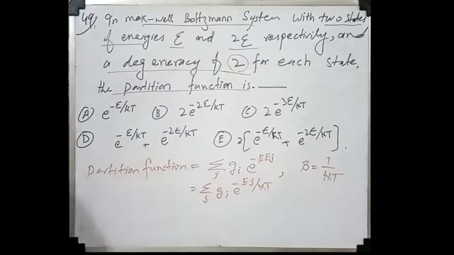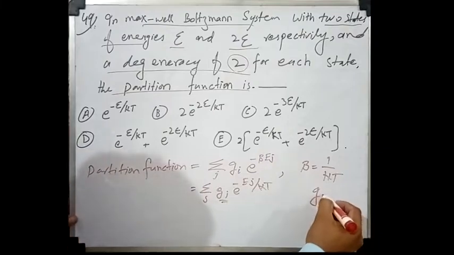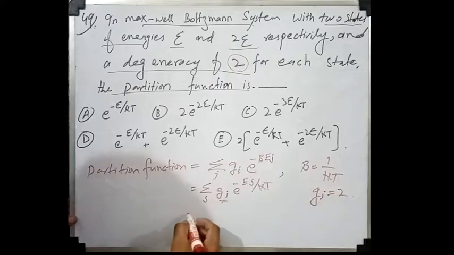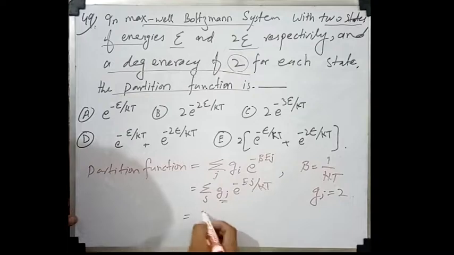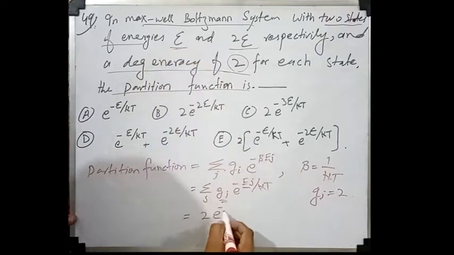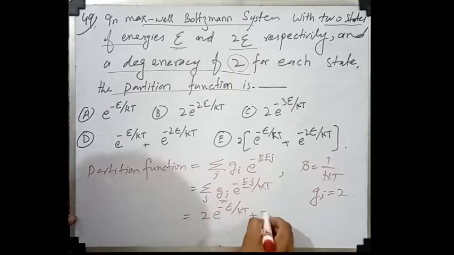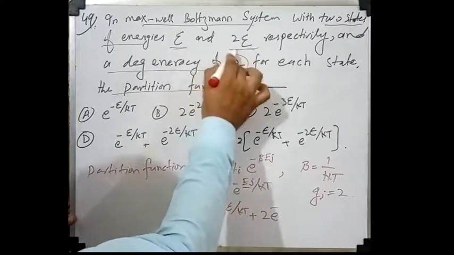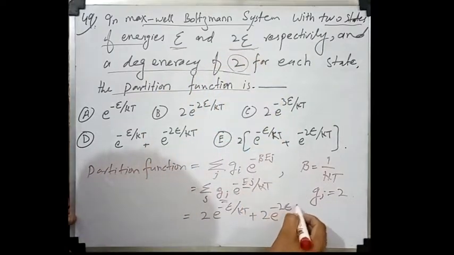Now we have two states, 1 and 2, and the degeneracy for each state is 2, so g for each state is 2. So we put here 2 for state 1, e to the power minus the state 1 energy, epsilon divided by kT, plus 2 e to the power minus the energy of the second state, 2E over kT.